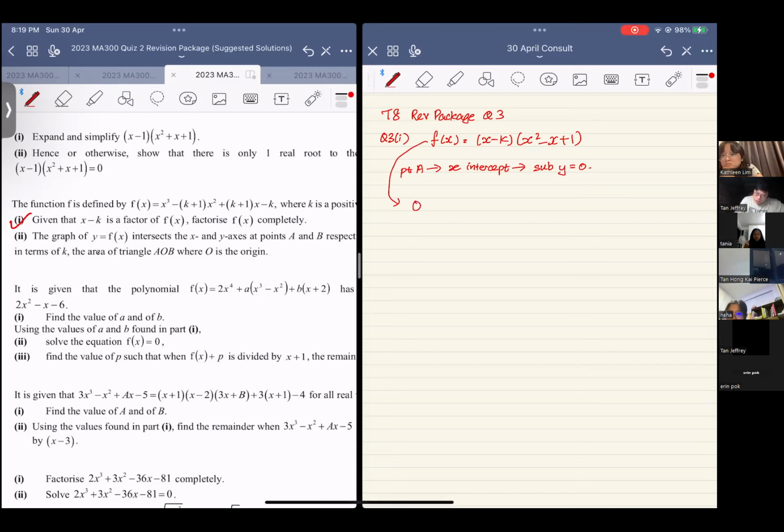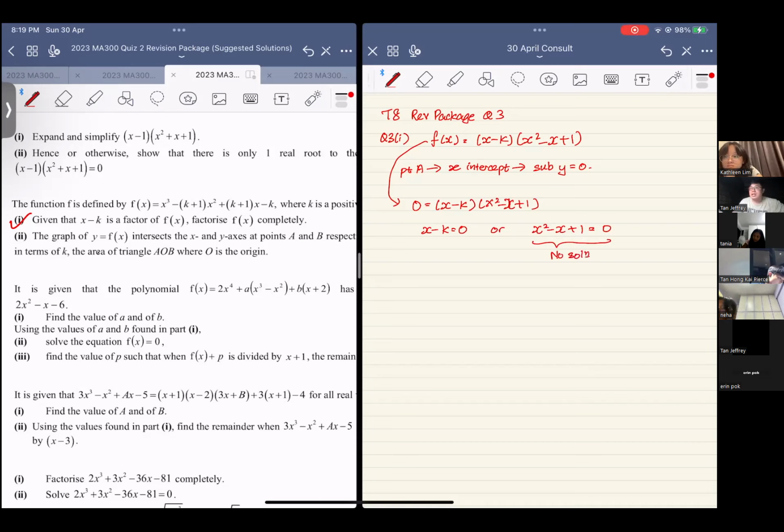If I equate this to 0, you will find that there is only one answer. It means that either x minus k equals 0 or x squared minus x plus 1 equals 0. Here I believe there is no solution.